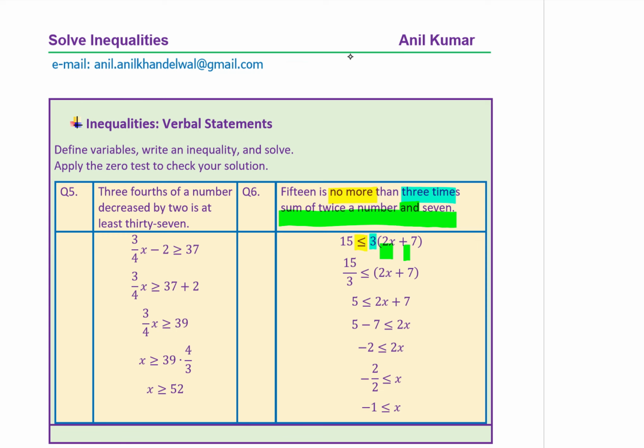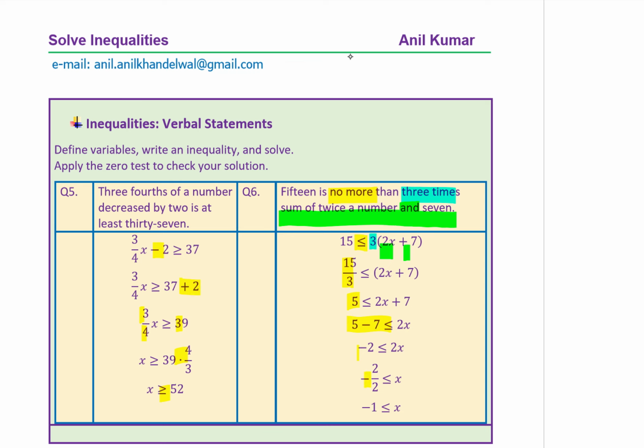I'll encourage you to first do it yourself and then see it. The steps are common. We took the minus 2 to the right side as you can see here, and then when we combine them, we multiplied by 4 divided by 3, the reverse operation, and got our result. On this side, we prefer to divide by 3 first, and we got 5 on the left hand side, took away 7 divided by 2.